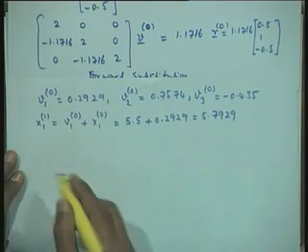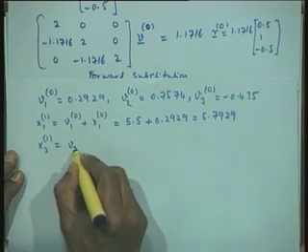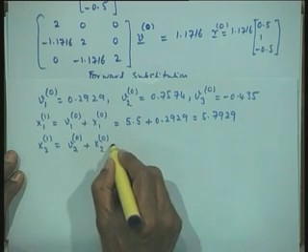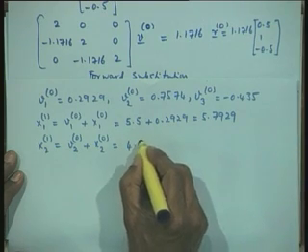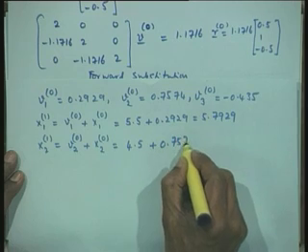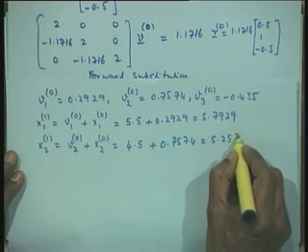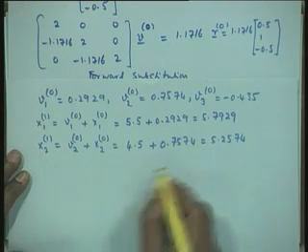Similarly, the second component x2 of 1 is V2 0 plus x2 0. Now the initial approximation was 4.5 plus 0.7574 and that gives you 5.2574. I have added these two to give you 5.2574.